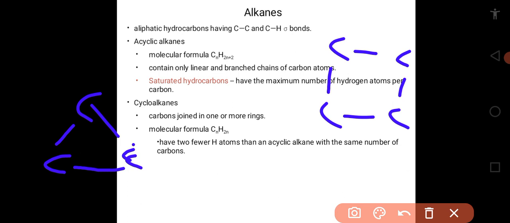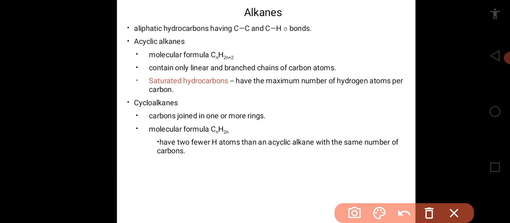So the difference between alkanes and cycloalkanes is that in cycloalkanes we have the general formula CnH2n, while in normal alkanes we have CnH2n+2. That is what I want you to understand. Their general formulas are different, and acyclic alkanes are open chain or branched chain, while cycloalkanes are cyclic.